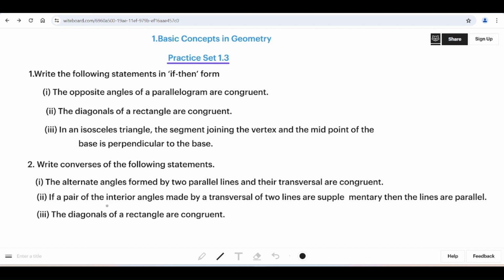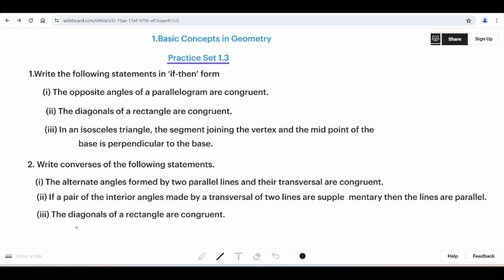Similarly, the second is: if a pair of interior angles made by a transversal of two lines are supplementary, then the lines are parallel. Its converse will be: if two parallel lines are intersected by a transversal, then the interior angles formed by the transversal are supplementary.